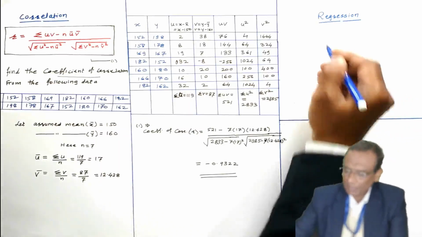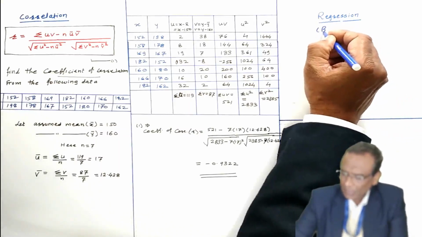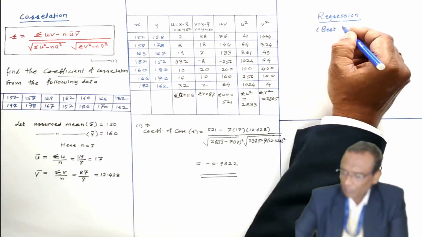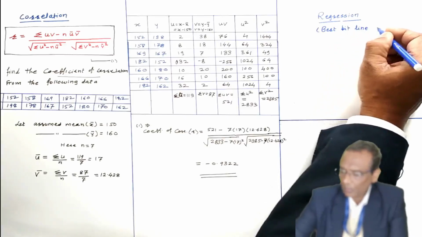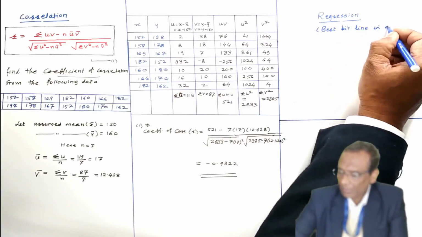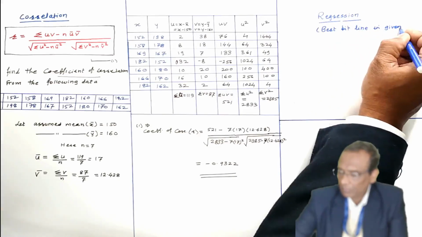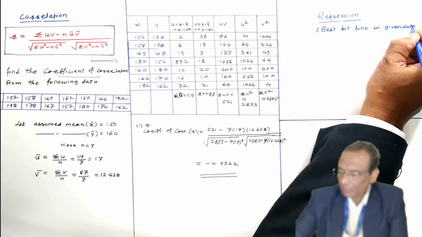Okay, what is a line of regression? It is the best fit line in the given data.